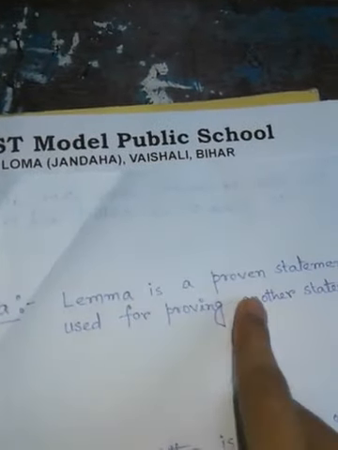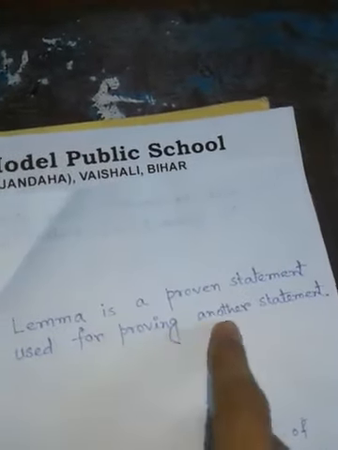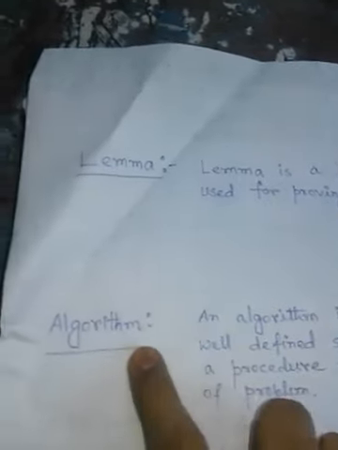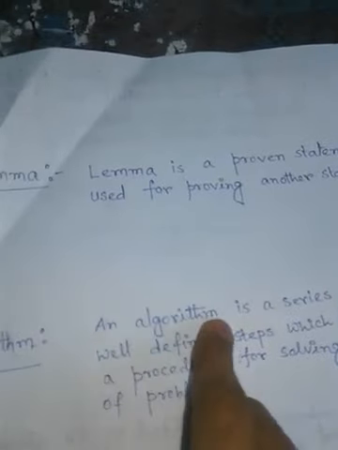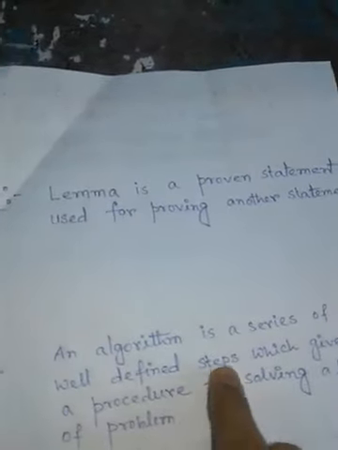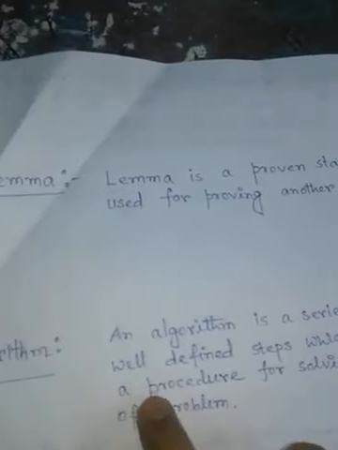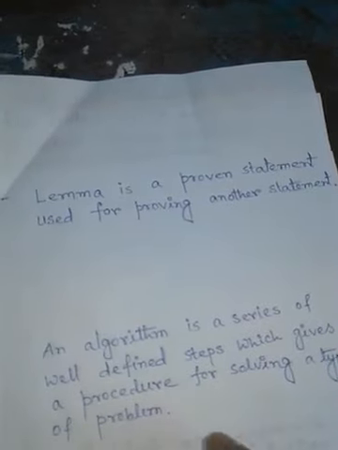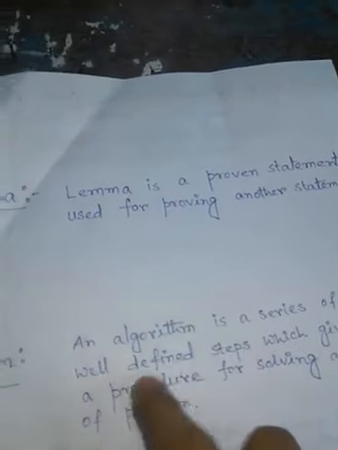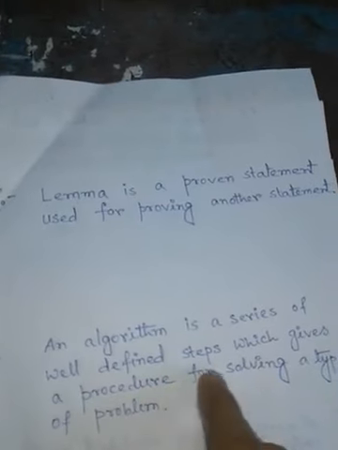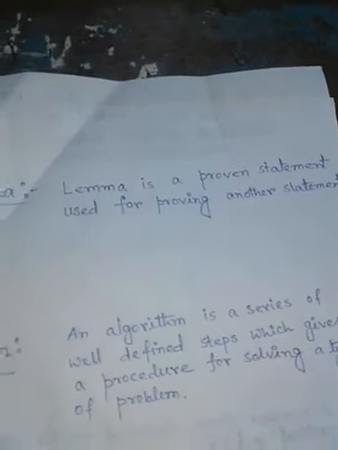Next, you also have to know what an algorithm is. An algorithm is a series of well-defined steps which gives a procedure, a method, for solving a certain type of problem.